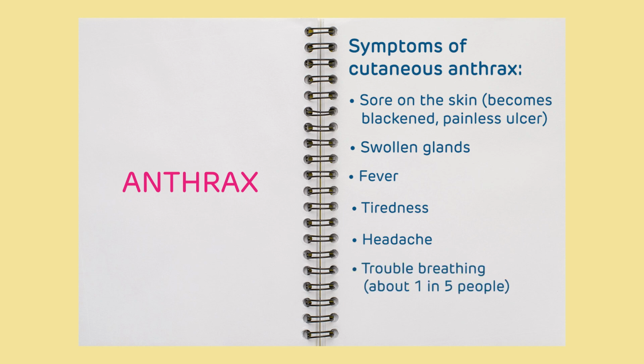And about 1 in every 5 people will have trouble breathing. Some of them will develop a bloodstream infection that can be fatal, particularly if they don't get quick treatment with antibiotics. When somebody's treated with antibiotics in a timely manner, only about 2 of 100 people will die from this form of anthrax.